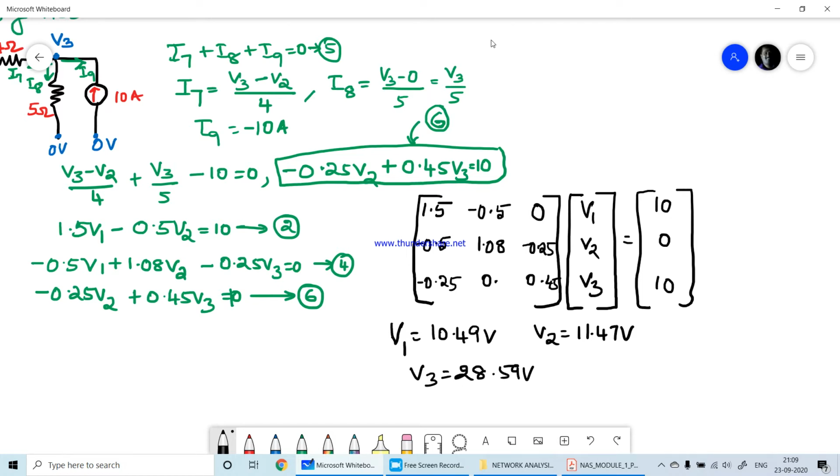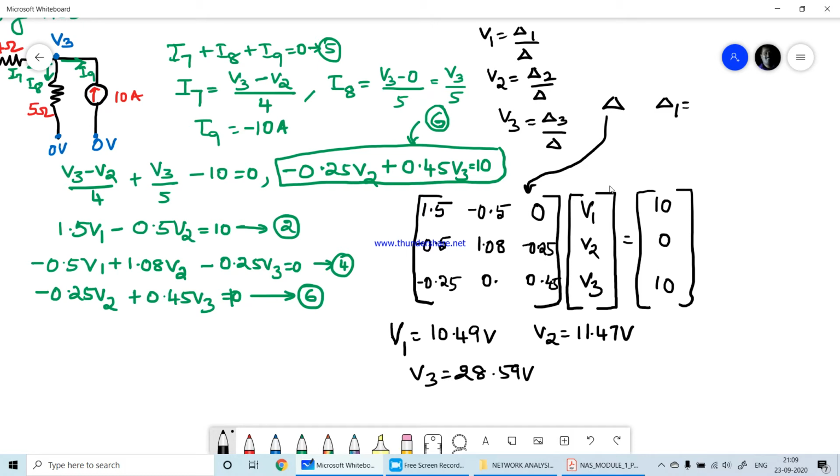I hope you all know Cramer's rule, where V1 will be equal to delta 1 by delta, V2 will be equal to delta 2 by delta, and V3 will be equal to delta 3 by delta. Finding delta is nothing but finding the determinant of this matrix. What is delta 1?